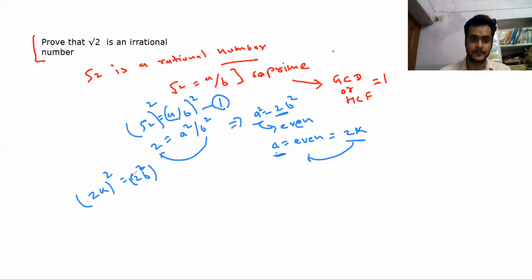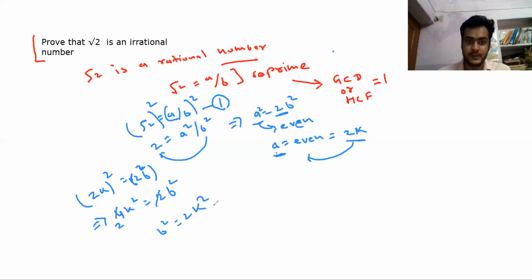Now this will get us 4k square is equals to 2b square. This 2 will cancel out with 4 and it will remain b square is equals to 2k square.